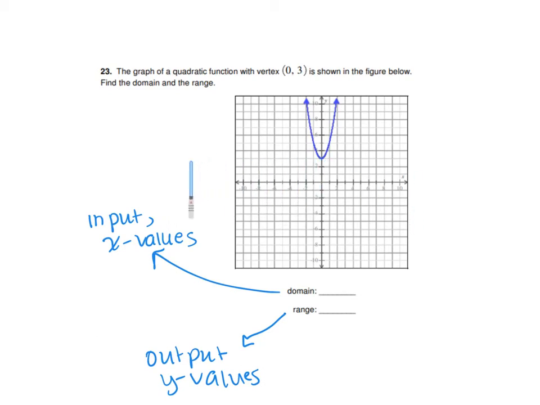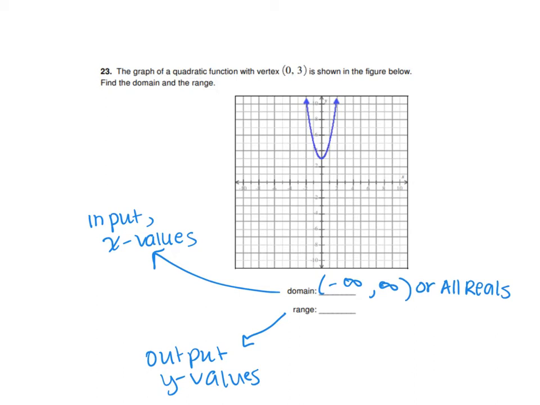I can choose any value for x and it will land on our graph. So that gives our domain an answer of all reals, or negative infinity to positive infinity.